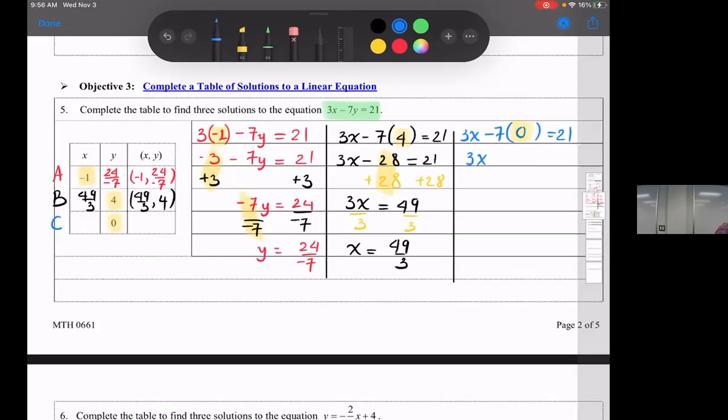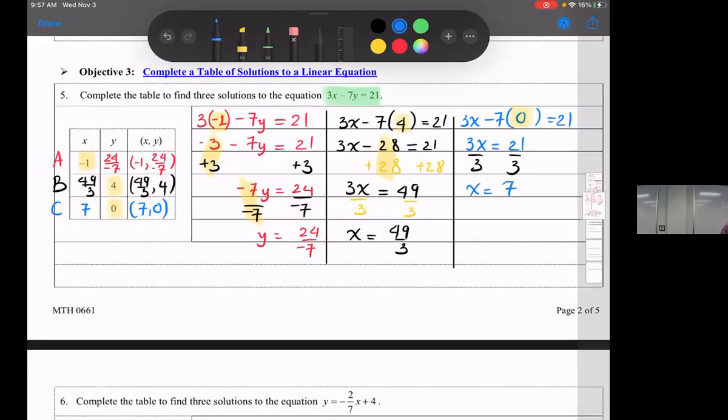X equals 7. So 7 comma 0. What's 7 comma 0 called? Do you remember? Intercept. Yes, what intercept, Y or X? X, right? Because Y is no height there, so it's the X-intercept. Just FYI.